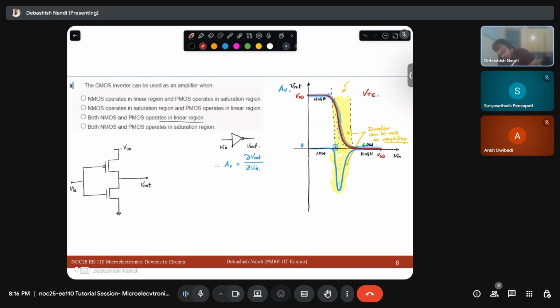So this is your source, this is your gate, this is your drain, this is your drain, this is your source, this is your gate. Is this much clear?